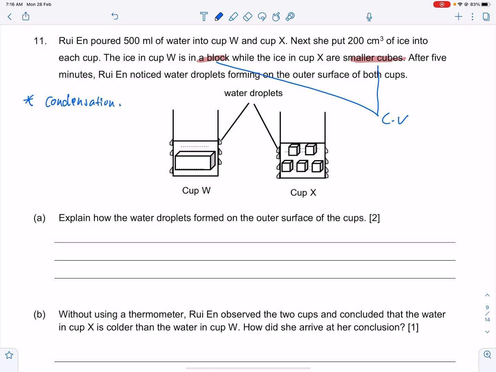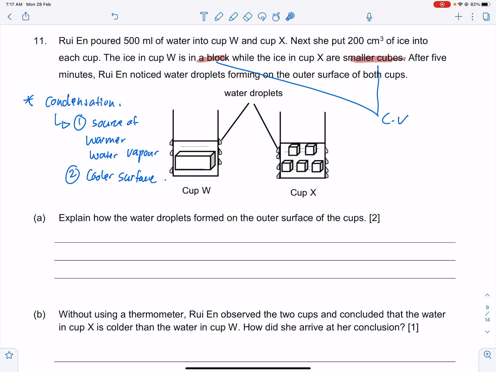So in order for condensation to happen, you need a source of warmer water vapor, and you would also need a cooler surface for your warmer water vapor to lose heat too.